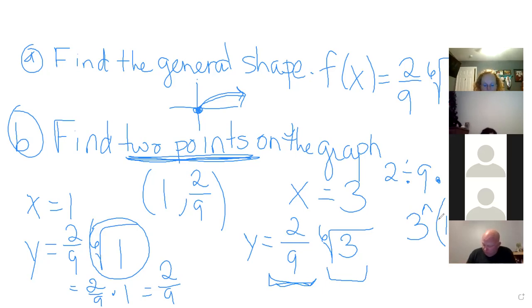So grab your calculators. 2 divided by 9 times 3 raised to parentheses 1 divided by 6, and then hit equals. And remember, on all of these, you're going to get really ugly numbers.